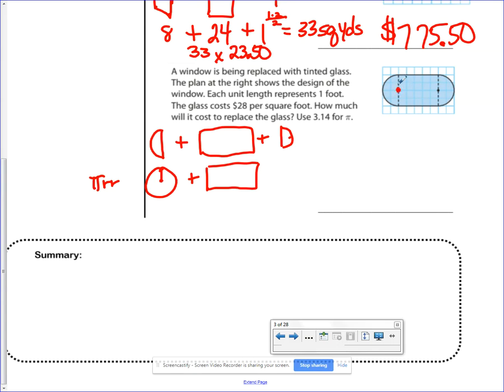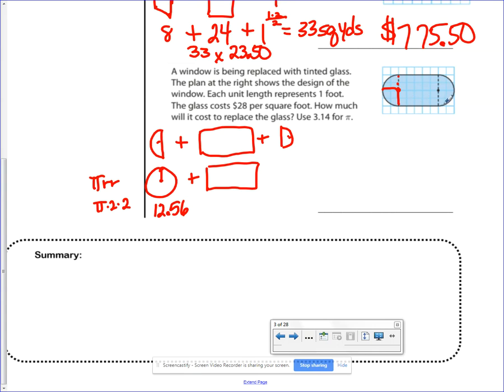When I'm over here, regardless of which way I go, looks like my radius is 2. Pi times 2 times 2, or 3.14 times 2 times 2. And be careful, that's going to give us the whole circle, okay? So we have half here and half here. That makes one whole. Crank that out. 12 and 56/100ths, I believe.